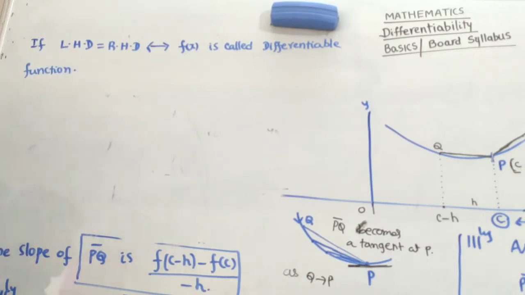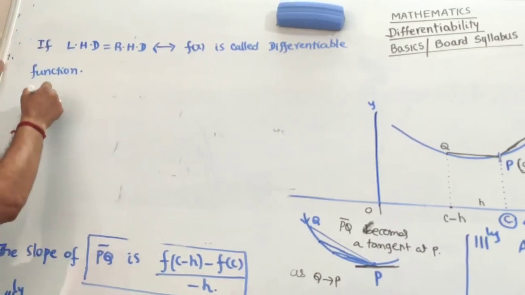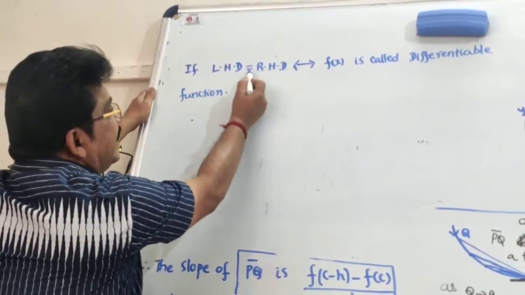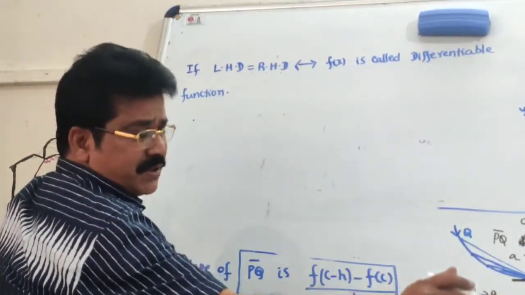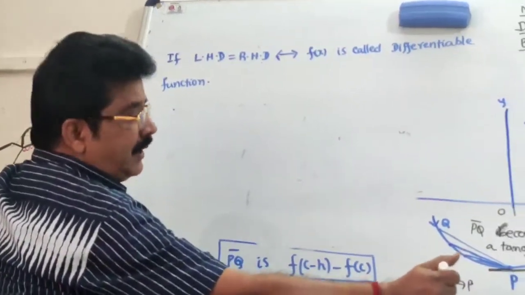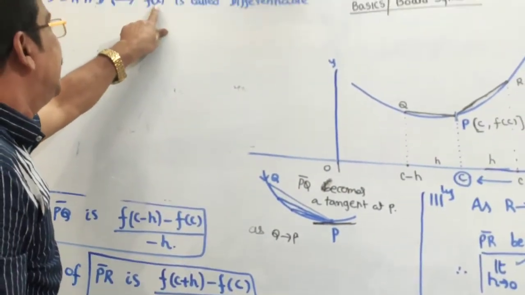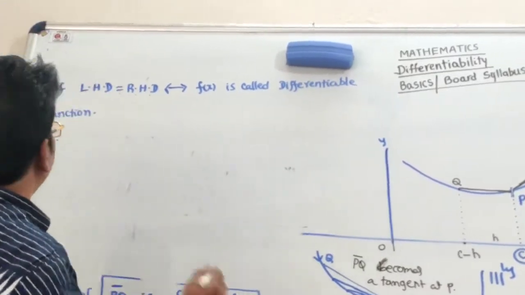Therefore, if LHD is equal to RHD, both limits, if they exist, it is to be understood. If both values are the same, then only it is called a differentiable function.